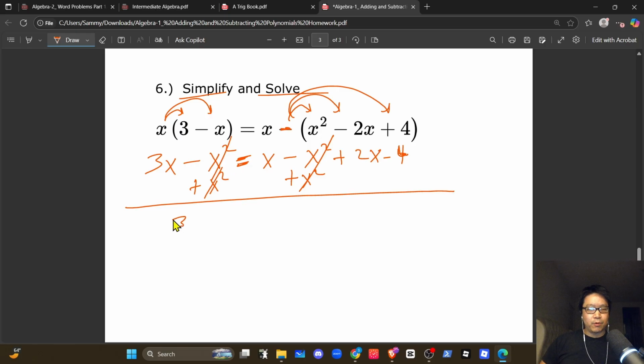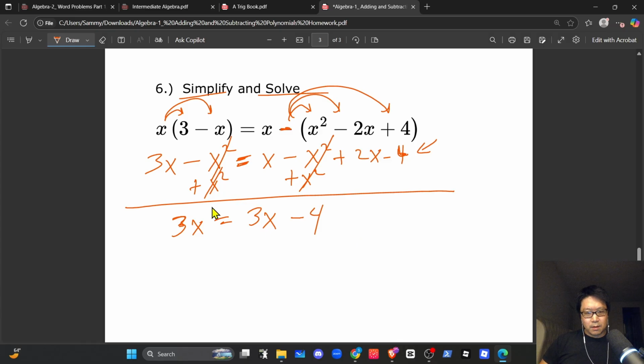So on the left side, we get 3x. And on the right side, we still have x plus 2x minus 4. And we can combine like terms. So x plus 2x is going to be 3x. And then don't forget this minus 4.